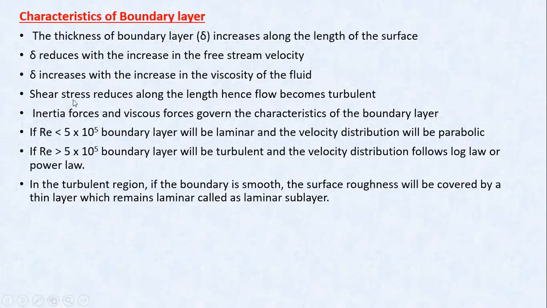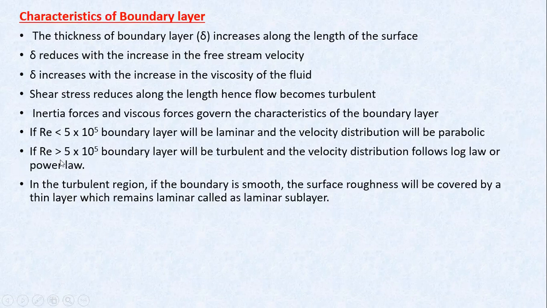The next point is that the shear stress reduces along the length. After a certain distance, the shear stress or the viscous effect reduces, hence the flow becomes turbulent. Most of these flows are governed by the inertia force and the viscous force. If the Reynolds number is less than 5 × 10^5, the boundary layer will be laminar and the velocity distribution, as I said earlier, will be parabolic in nature.